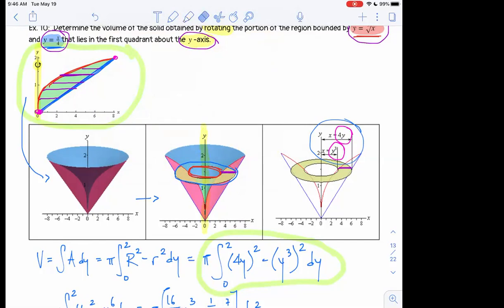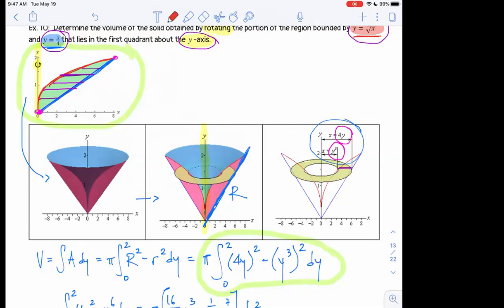And if I kind of erase that and that and that for a moment, the curve that has a greater distance from this axis of revolution is this blue one right here. Okay. So because the blue curve is further from the axis of revolution, that is your big radius because it's a greater distance, okay, from this yellow line.